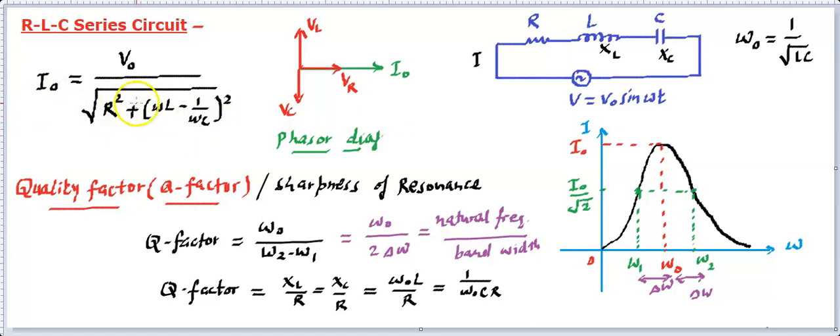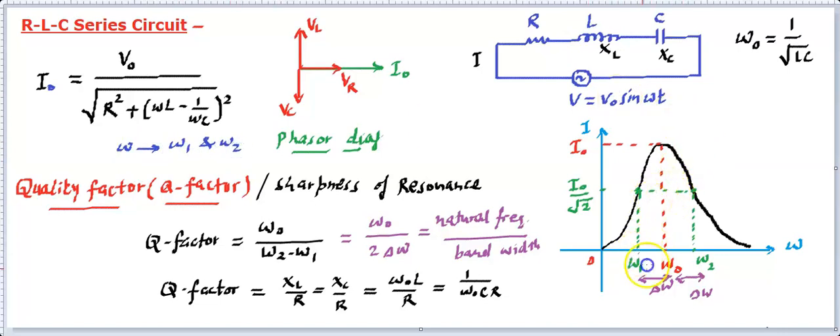Let me explain. This is the relation, right? Write I naught here; when you write I naught, make this term 0, because that becomes the peak value. Then write it as I naught by root 2, keep the entire term, then divide the two equations. Then you'll find it will be a quadratic equation in omega. So you will find two roots of omega: one is omega 1, another is omega 2.